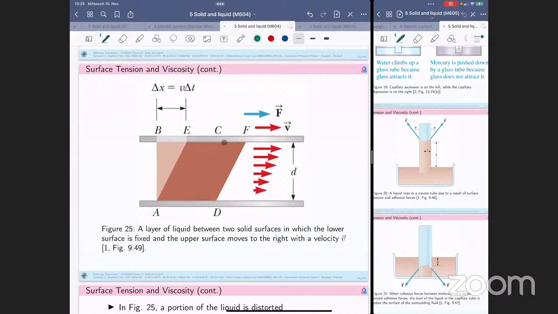It's going to move to the right the same as the plane. What they have found is that you have zero velocity at this location because it doesn't move, and you have a very high velocity at this location, because that is the highest amount of movement.